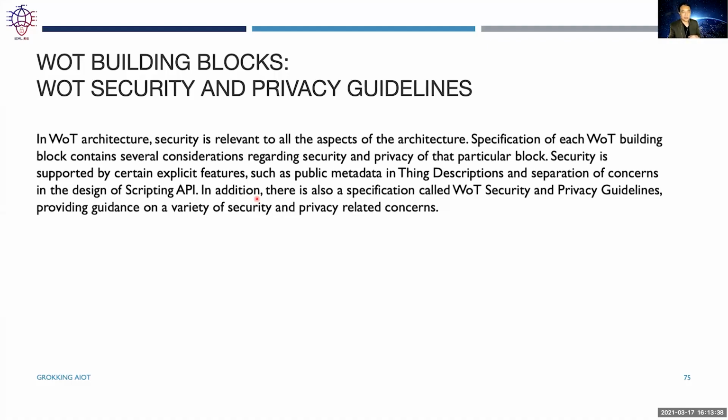So there's a defined way of handling each of the different security concerns. It's called the WoT Security and Privacy Guidelines. Especially with the scripting API, any programming language that can be remotely accessible is always scary, right? From a security point of view.